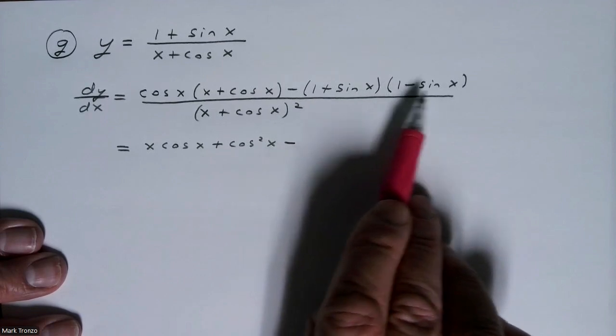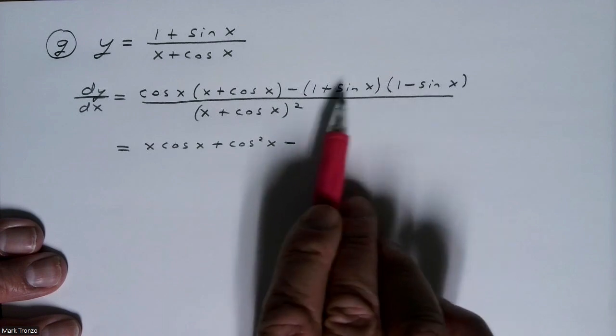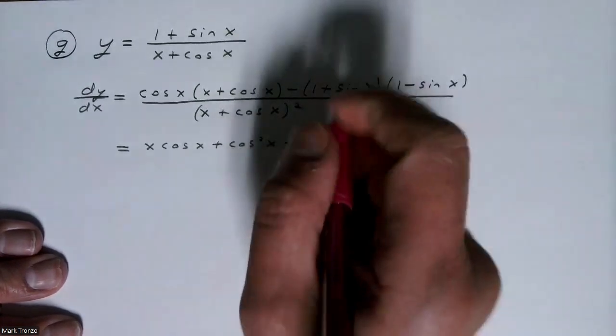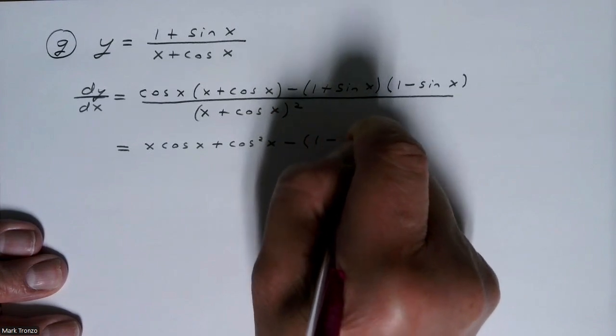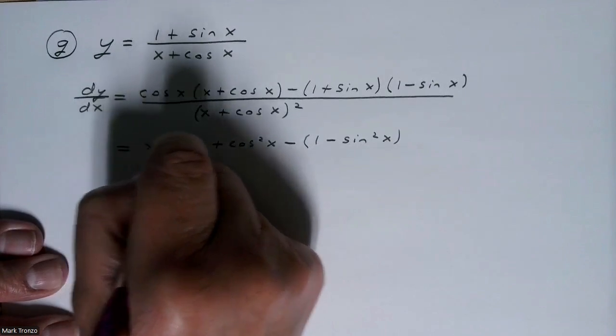But over here, we have a positive sine x, so those are going to disappear. And then we multiply these two, we're going to get a minus sine squared. You can verify this when you get a chance, but this will all end up being minus sine squared x, like this.